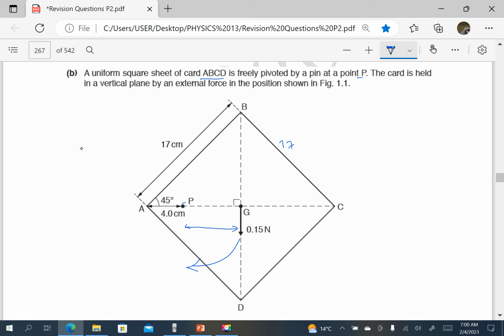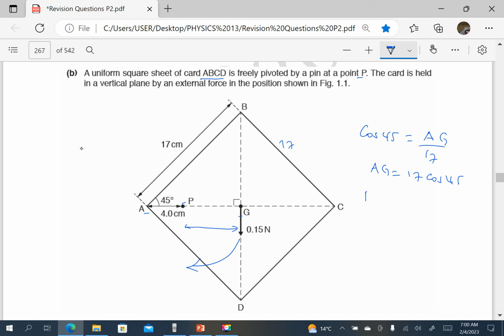So distance AG, if I use the angle 45 degrees, AG is the adjacent, AB is the hypotenuse. So adjacent over hypotenuse, that is cos. Cos of 45 is equal to AG divided by 17. So it means distance AG is equal to 17 cos 45.